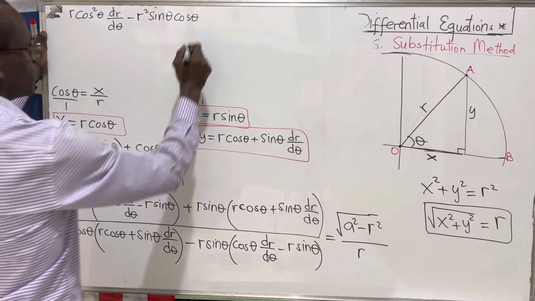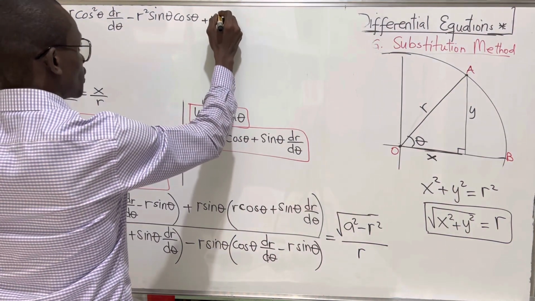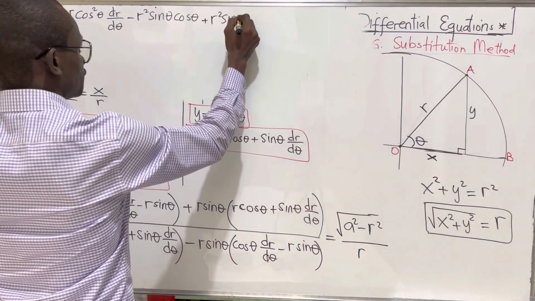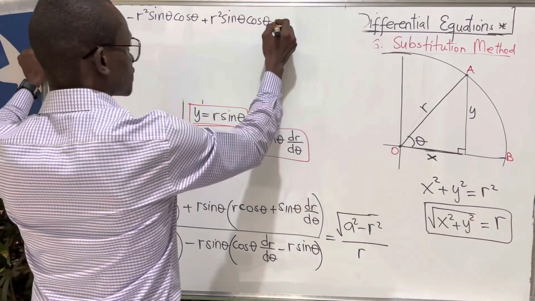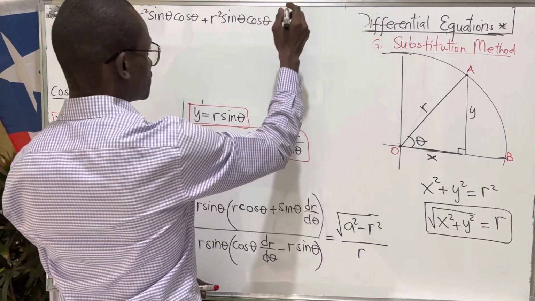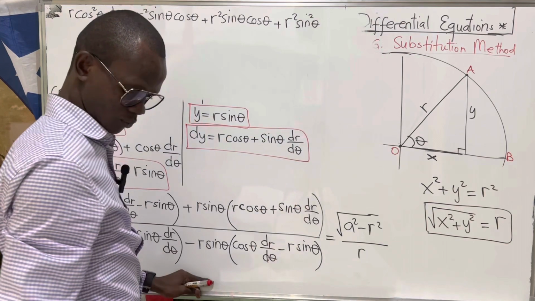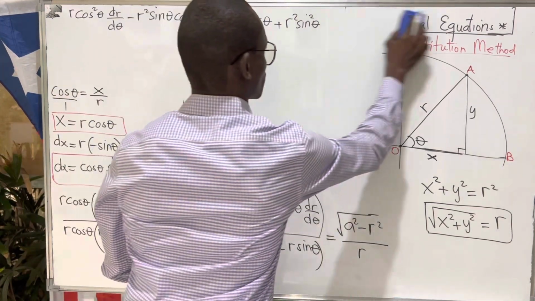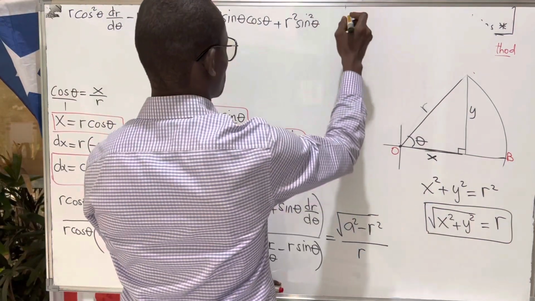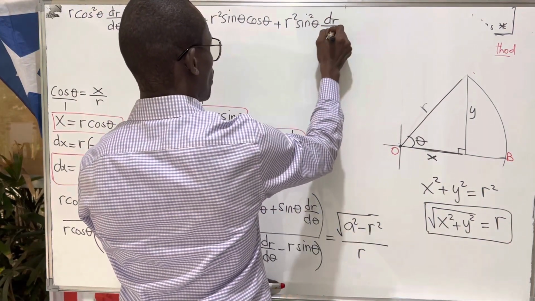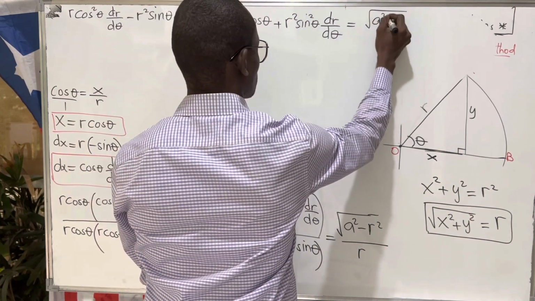Finish with the first one, plus r times r is r squared sine of theta cos of theta, and then plus r sine of theta times sine of theta is r squared sine squared theta.